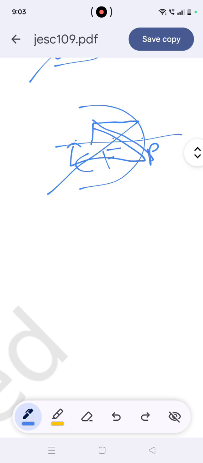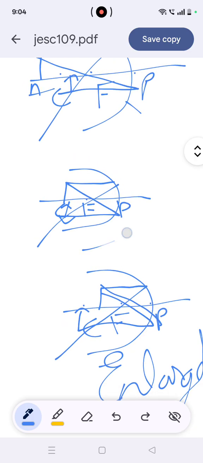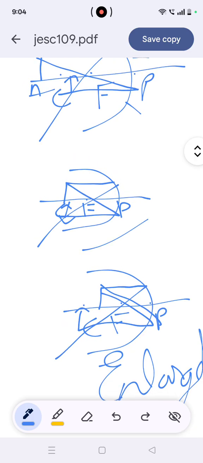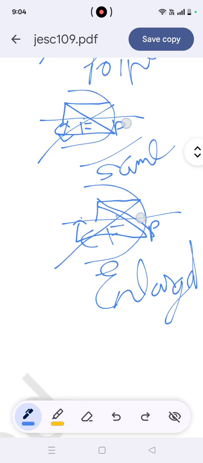The image formed beyond C will be enlarged in this case. In these cases, it was the same as the center of curvature. It was point size in this, point size in this, same in this. Here it is enlarged.